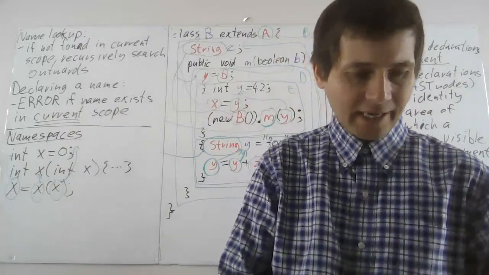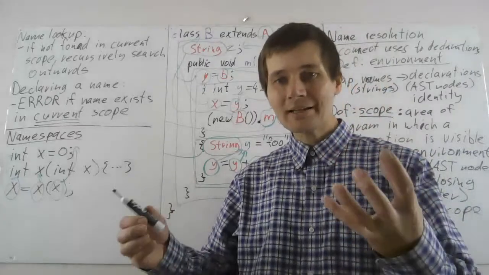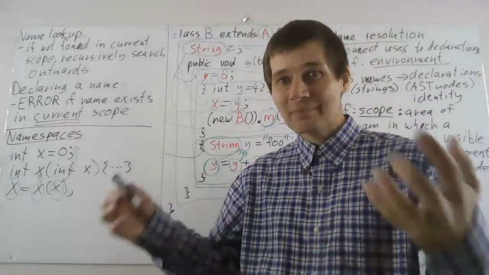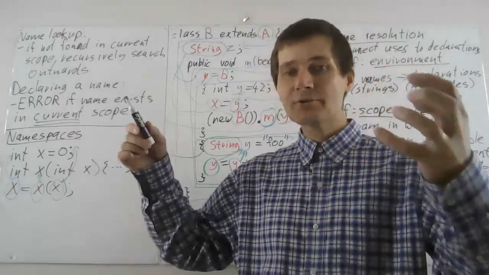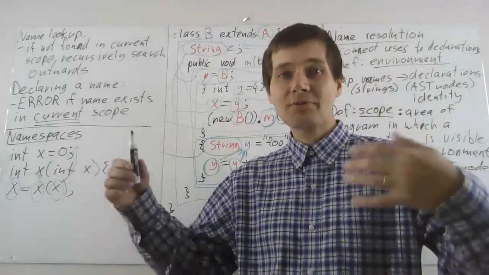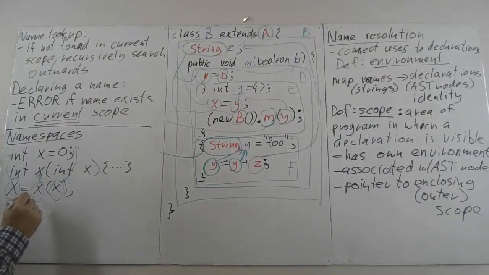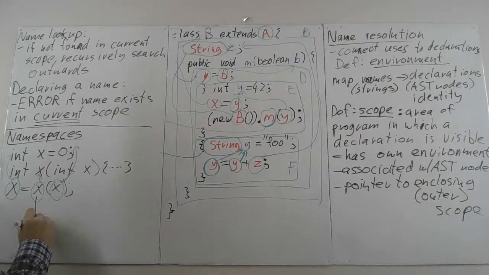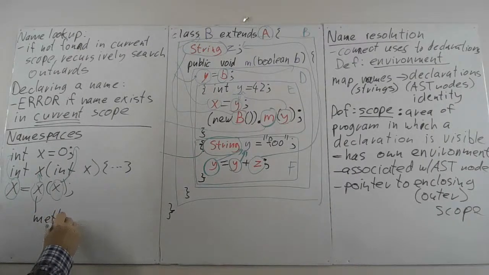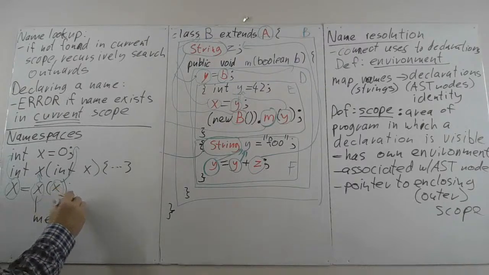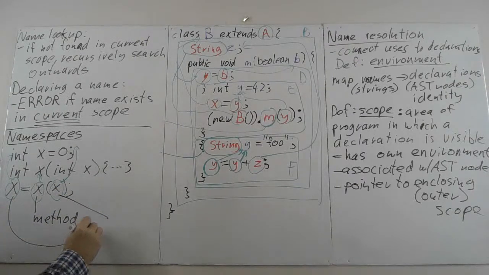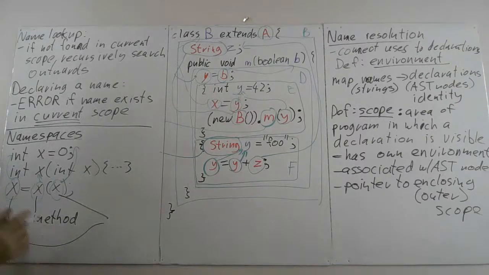The way namespaces work is that syntactically, from the grammar, you figure out that this X comes before an open bracket, so it has to be the name of a method, whereas these other two X's don't come before an open bracket, so they're not method names.